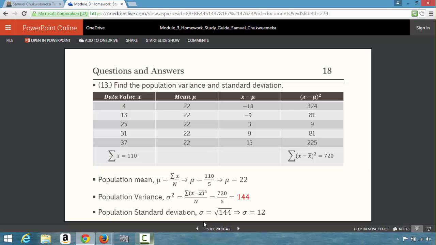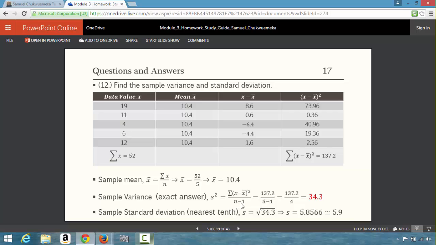This is a lowercase sigma. This is uppercase sigma. For the population variance, sigma squared, and for population standard deviation, sigma, you don't do minus 1. You don't do big N minus 1. For the sample, you do small n minus 1.